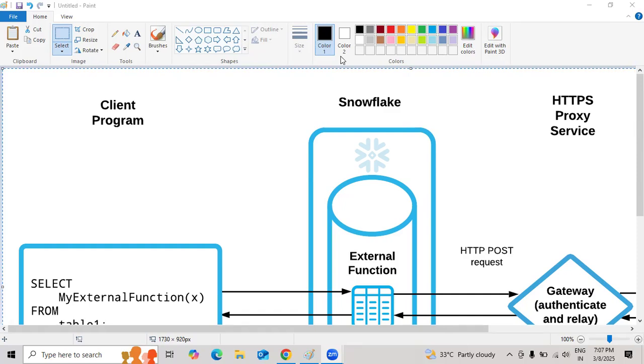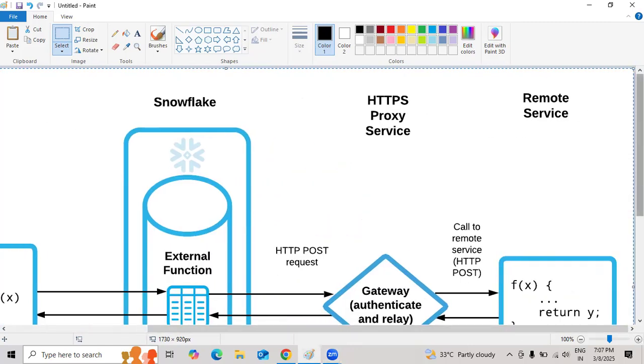Next is the remote service. Normally, this remote service must act as a function. For example, it must return a value. Snowflake supports scalar external functions, so the remote service must return exactly one row for each row that it receives.